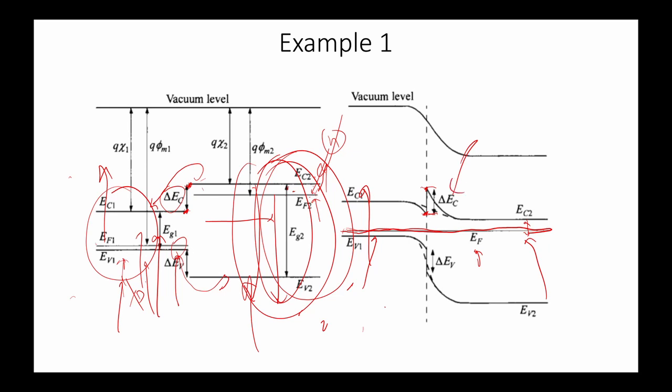The valence band on this side will follow exactly the same as the conduction band, and the valence band of the second semiconductor will follow the conduction band of the same semiconductor. So there was a gap here. This is delta Ev, this is delta Ec. This is the valence band offset, and this is the conduction band offset.